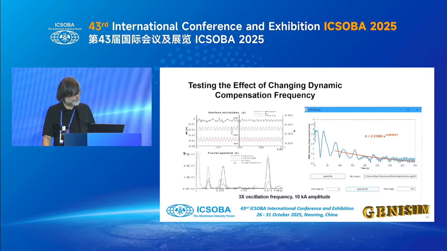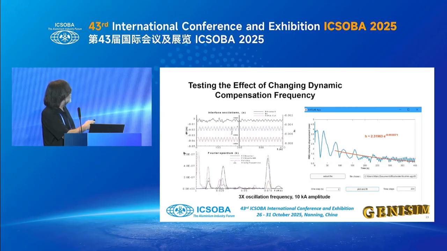And the result is that here we have a result at 3x. So you see the spike here, so this is the frequency I'm exciting, and this is the natural frequency of the wave.